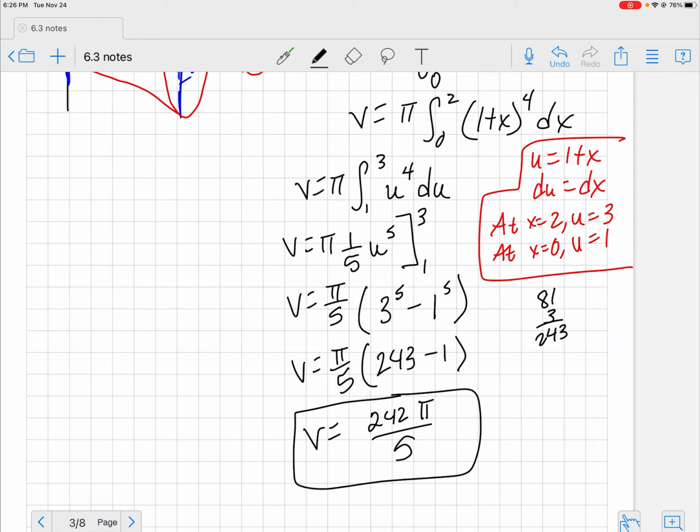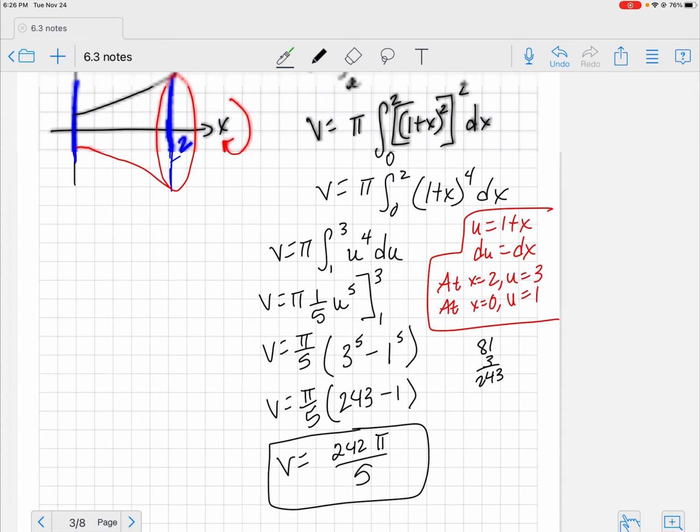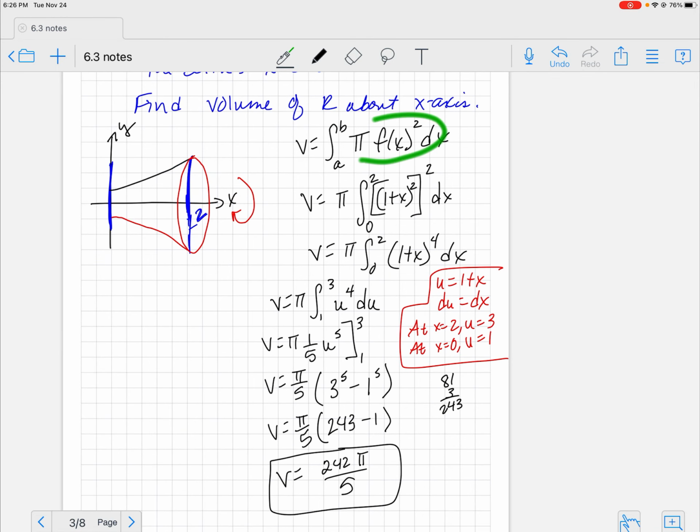All right. Not bad, right? You were literally only using the formula of a circle. That's it. Pretty cool indeed. Do you see how important it is to be able to recognize a u sub and execute that u sub?